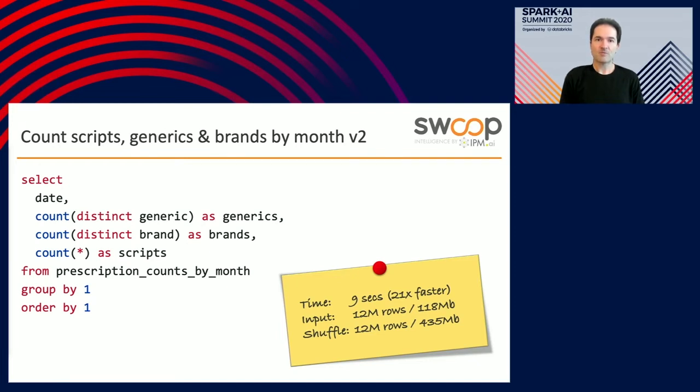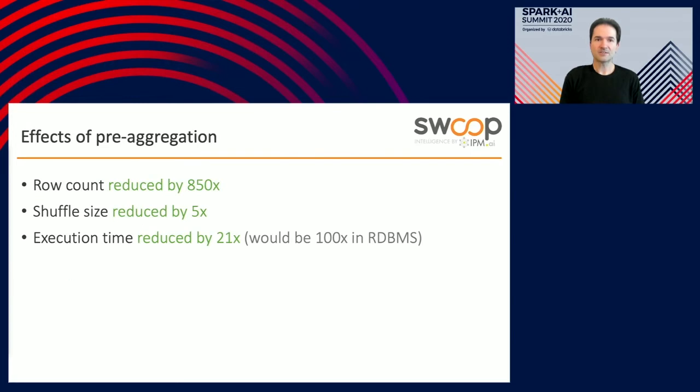And if we dig deeper into the analysis of the performance, we see that we've reduced the row count by 850-fold. And we also reduced the shuffle size by 5-fold. Now, the reason for that is essentially because we're processing fewer rows. And so a fewer number of distinct values end up on all the workers, so they have to move less data to other workers in the cluster.